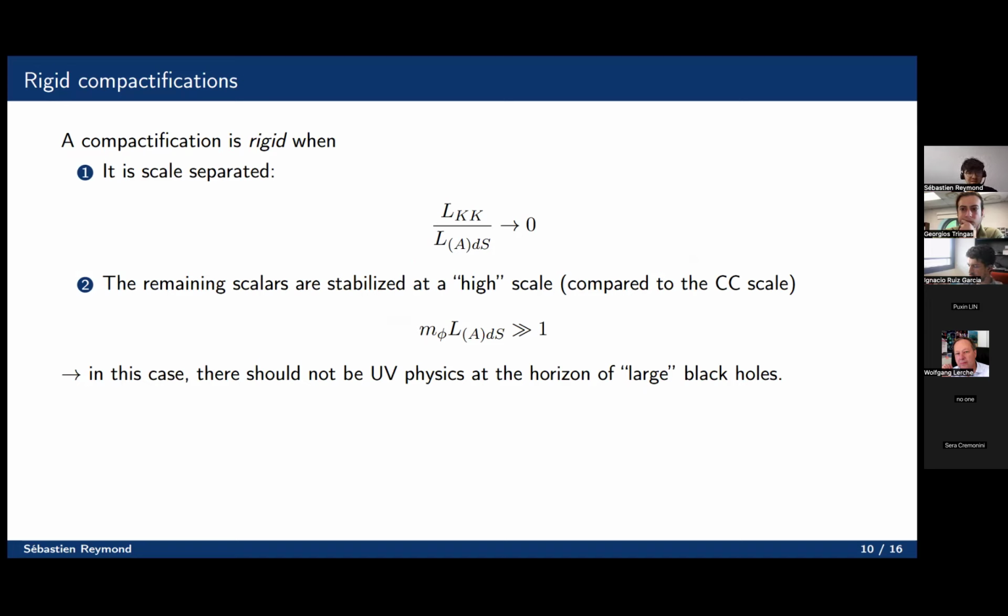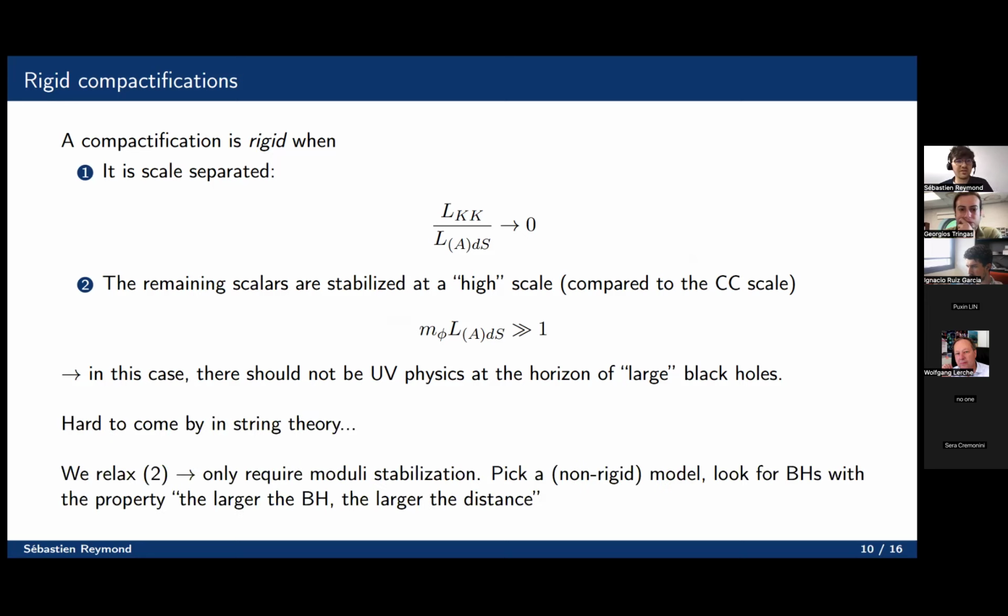In this case, there should not be any UV physics at the horizon of large black holes because everything is, in a sense, very tightly stuck at the bottom of a potential. Now, as you may know, this is actually not so easy to come by in string theory. As far as we know, there's no example so far, but I'll get back to that.